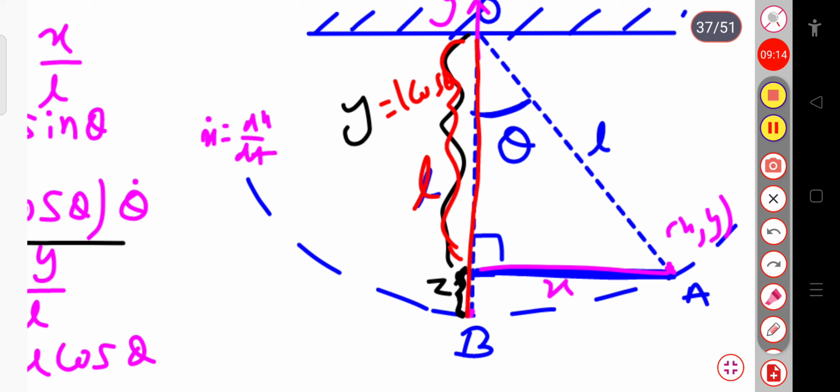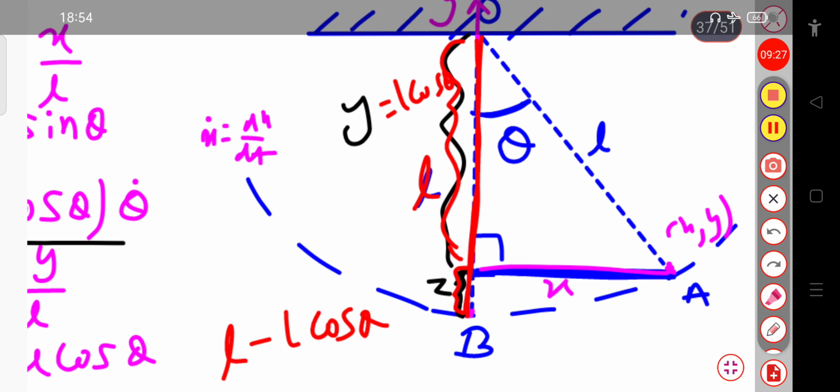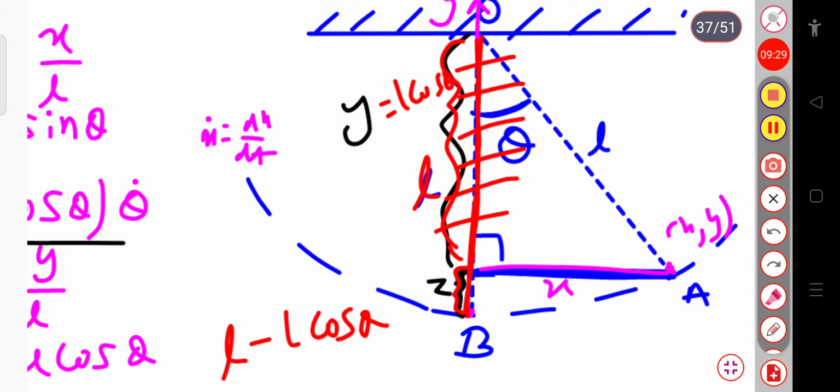Now if we want to know the value of z, then this z will be equal to how much? The total distance L minus this L cos theta. L is the total distance. Okay, if I subtract this part only, then L minus L cos theta gives you the value of z.